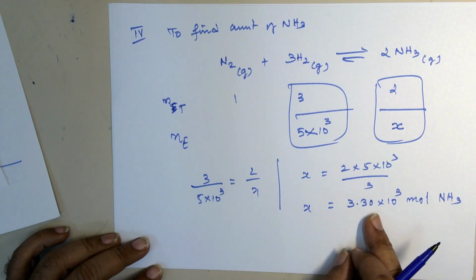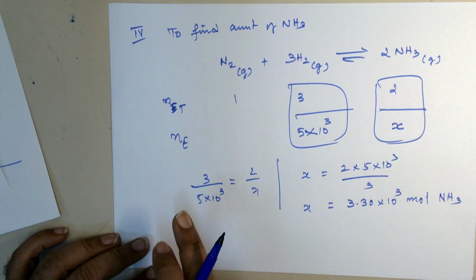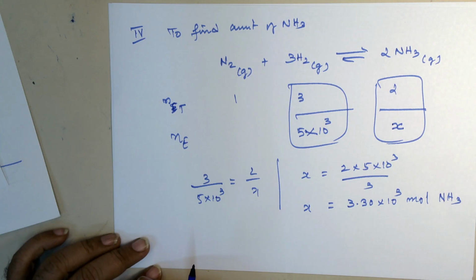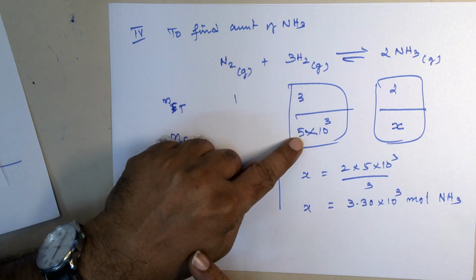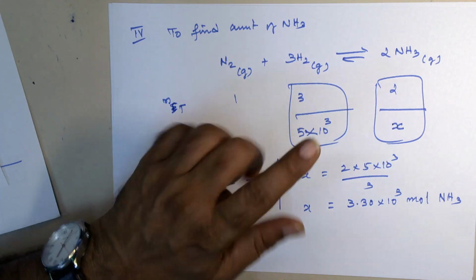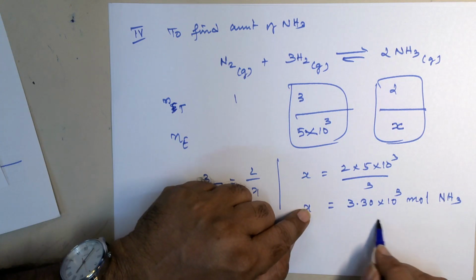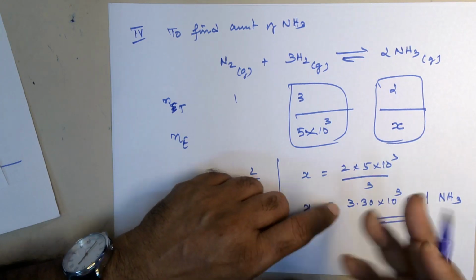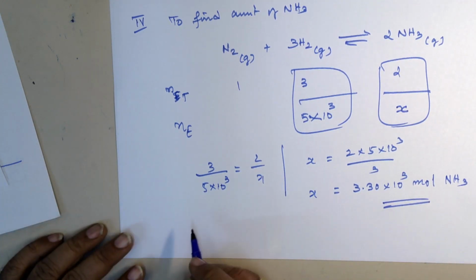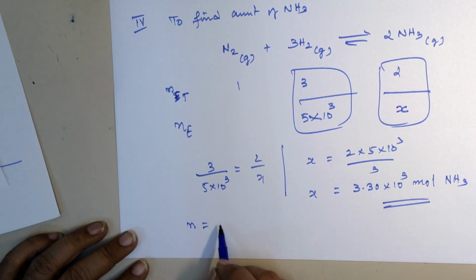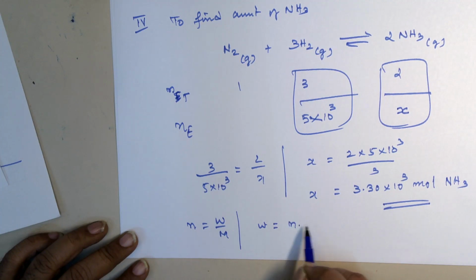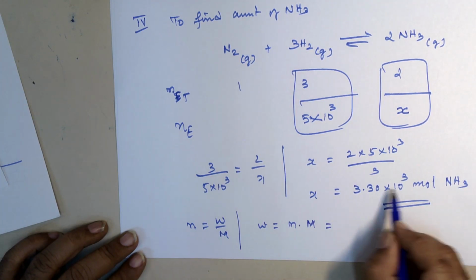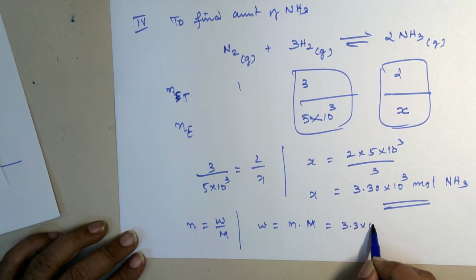Okay, so 3.3 mole of ammonia is obtained from how much? 5 moles of hydrogen, right? Now it is asked in weight. What we have found out is only mole. So you can once again convert this into weight. How to convert this into weight? We know already N is equal to W by M. So we are interested in W. So N into M. Now tell me N is 3.3 into 10 cube.